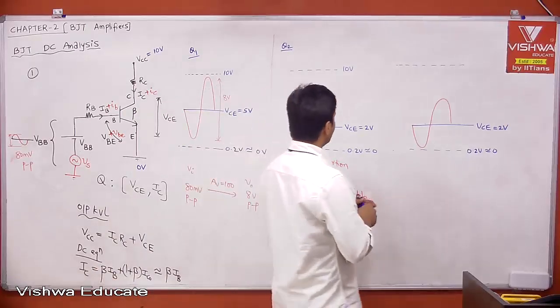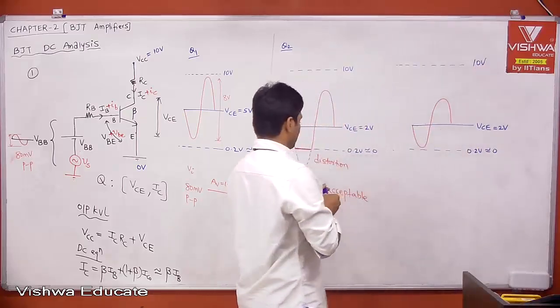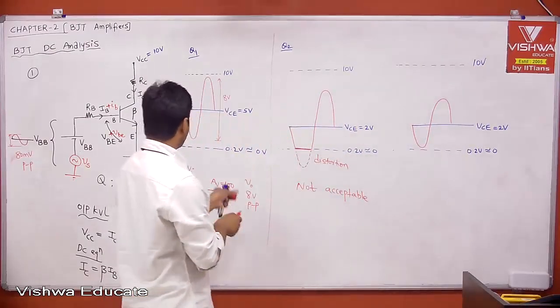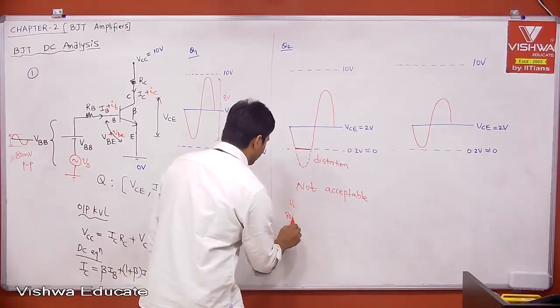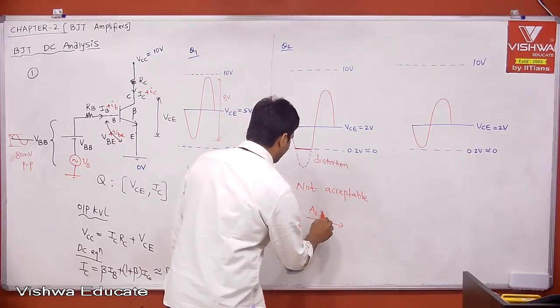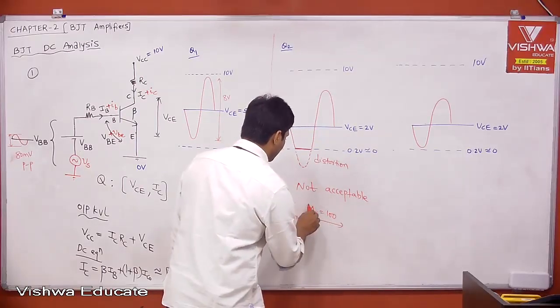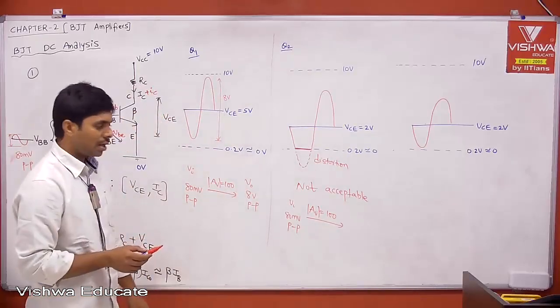Now if this is the case, this is not acceptable. But now here, your input is not changed. What is your input? Input is 80 millivolt peak to peak. But now what are we getting? My gain AV is equal to 100. I'm just taking magnitude because we have minus 100. Then what you get?